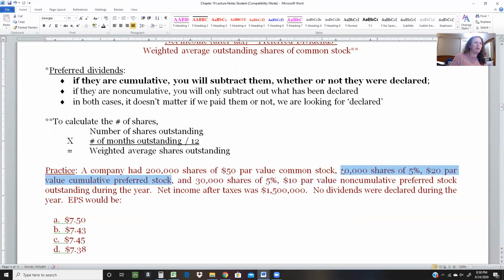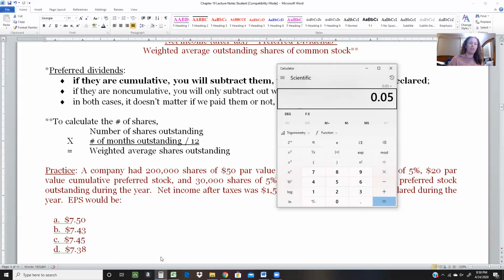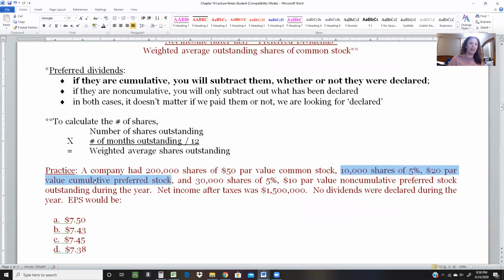The par value is what goes in the preferred stock account. The 5% is the stated dividend rate, 5% of the $20, so the dividend rate is $1 a share. Cumulative means that it does accumulate. So we need to give $1 a share to 10,000 shareholders.